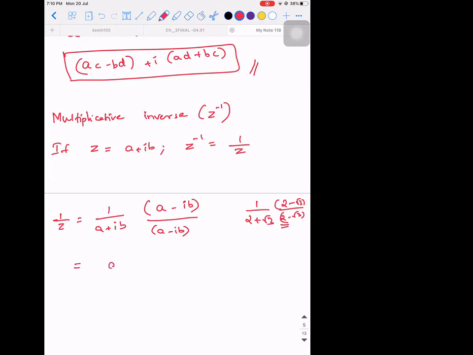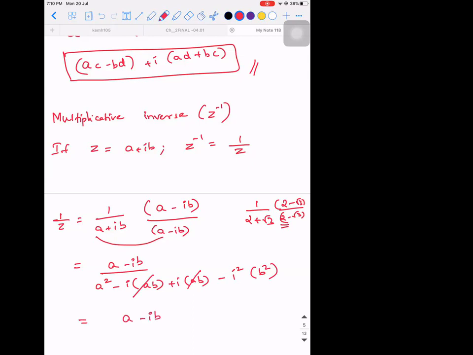So what will happen to the numerator? A minus iB divided by A square minus i into AB plus i into AB minus i square into B square. So minus i into AB plus i into AB will get cancelled.